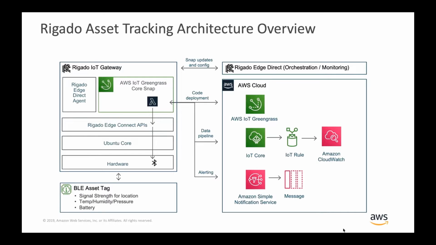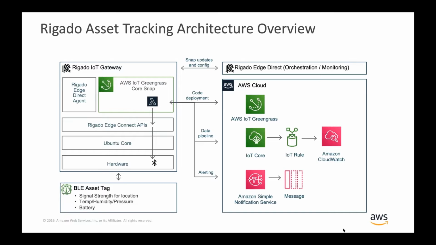So in this architecture overview, I'll actually show this working live, but there's kind of 4 pieces to this architecture. Starting in the lower left-hand corner, we have low power wireless using BLE asset tags. These tags would go on pallets and boxes on hand trucks, you name it, that would exist inside of a logistics facility.